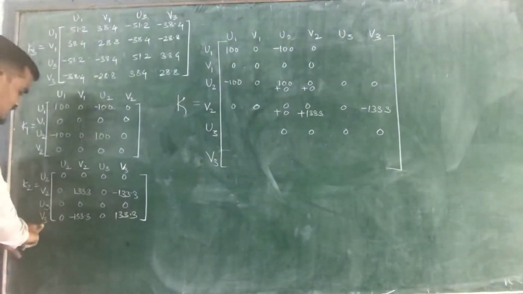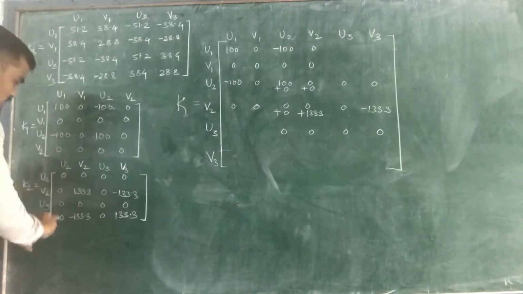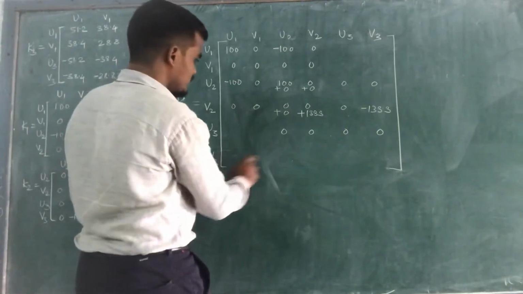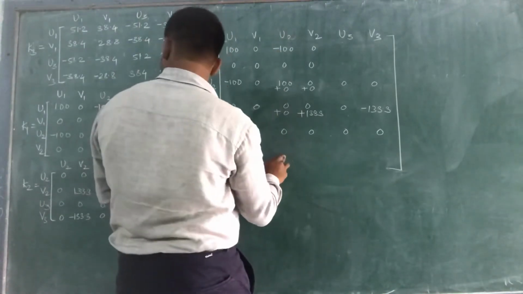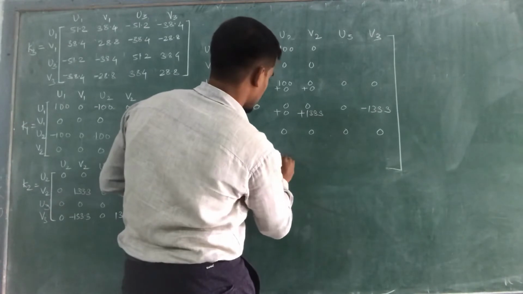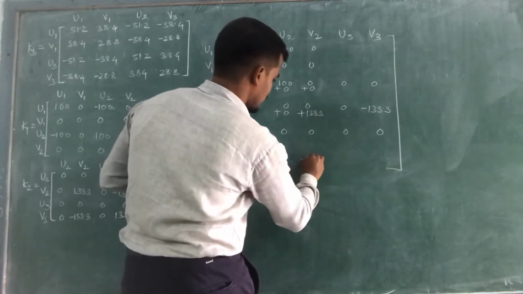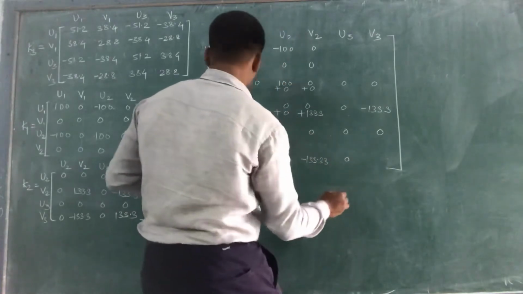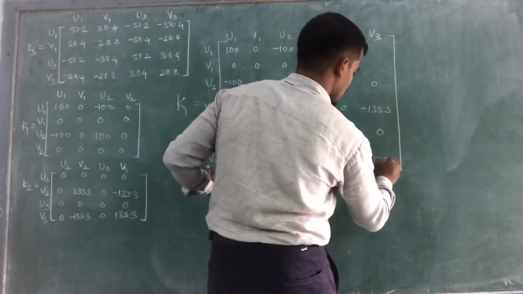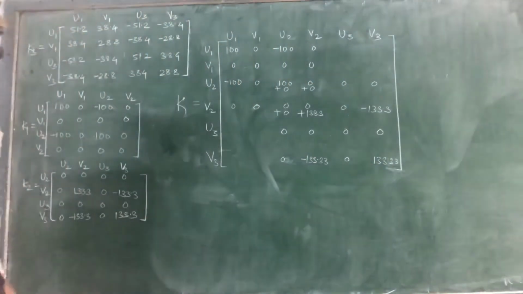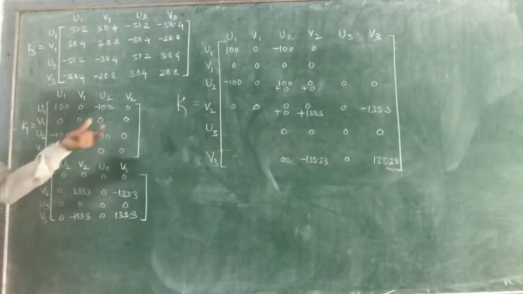Finally the V3 row, starting from the U2 column. It is 0, 0, minus 133.33, 0 and plus 133.33. In this way, the second elemental stiffness matrix is positioned.